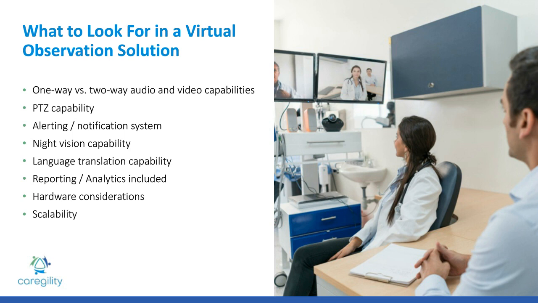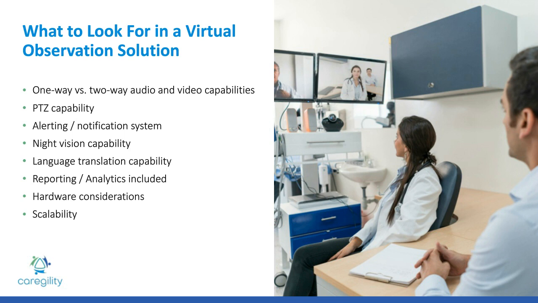It does not, however, translate what the patient might say back to the observer. So if the patient tried to say, I have to go to the bathroom or I have pain, the observer would not get that return translation back from the patient.